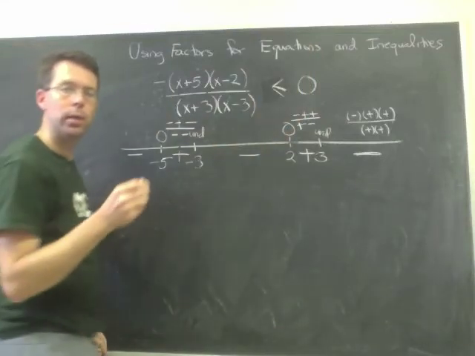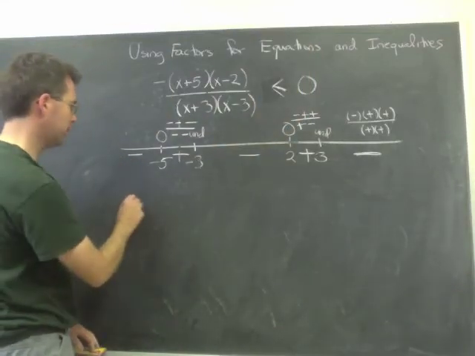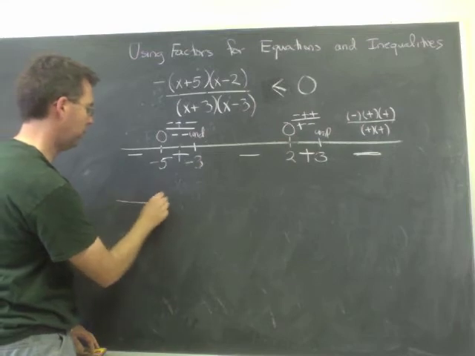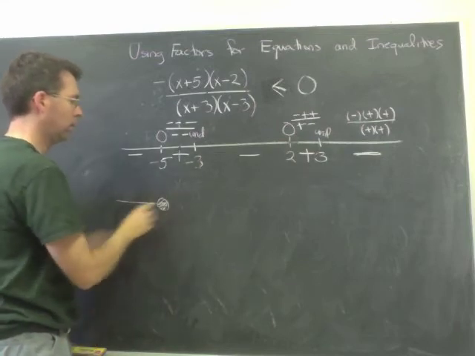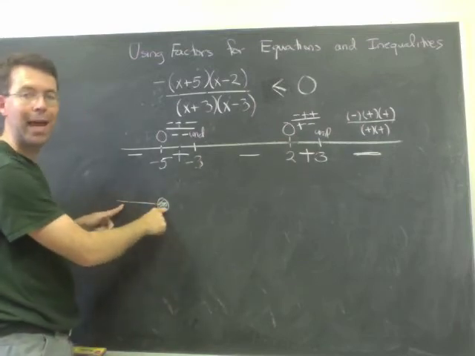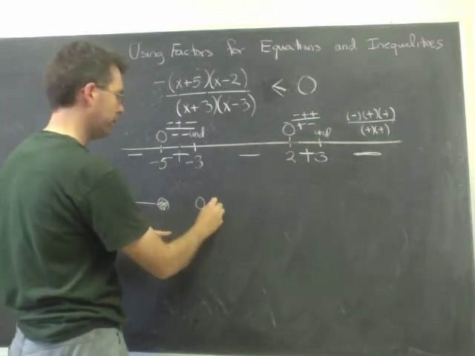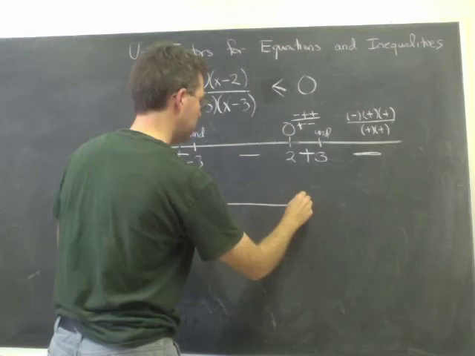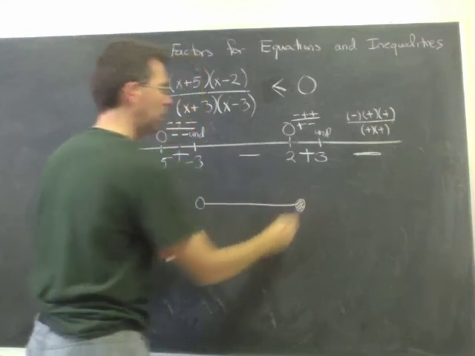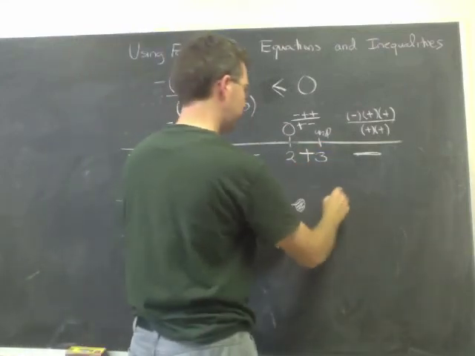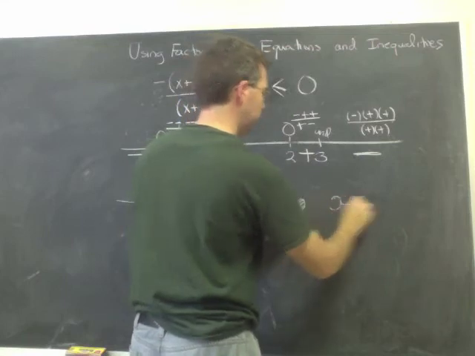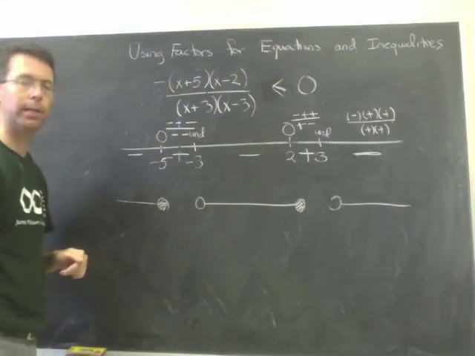If I were to draw a graph of my number lines, I'd be the interval up to and including -5, from -3 to 2, and from 3 on, not including 3.